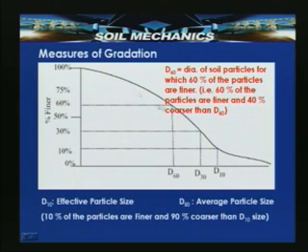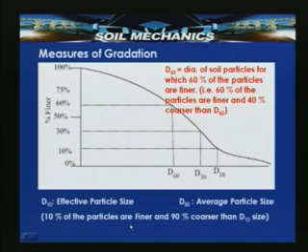A typical grain size distribution curve is shown here, and different particle sizes are represented here: D10, D30 and D60. D10 is known as the effective particle size and D50 is known as the average particle size.